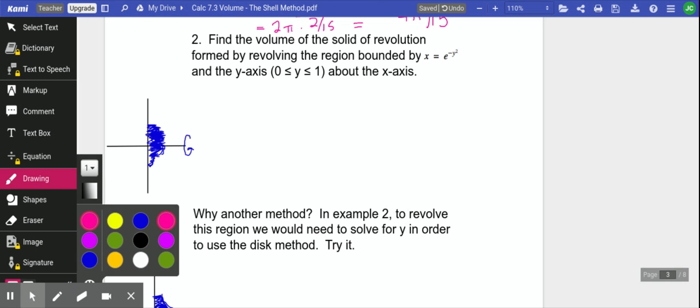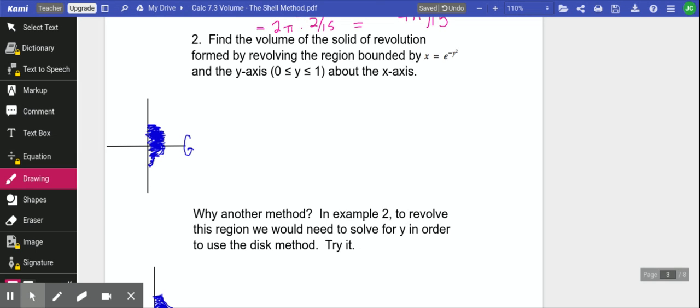So we are going to think about cylinders being nested in there. The axis goes right through the middle of the cylinder. That's what it looks like. And I want you to imagine infinitely many cylinders nested in each other. Now, we want to think about the width of that cylinder.